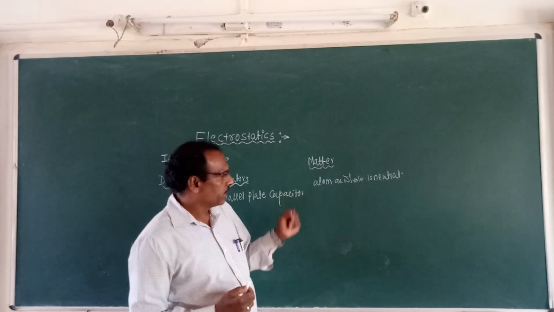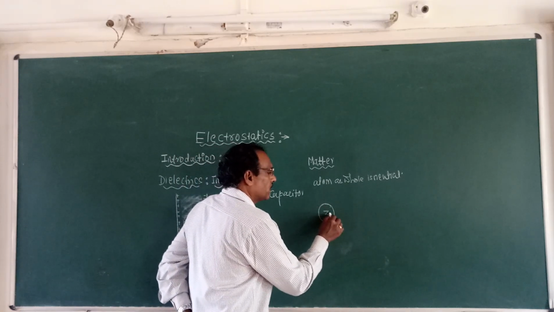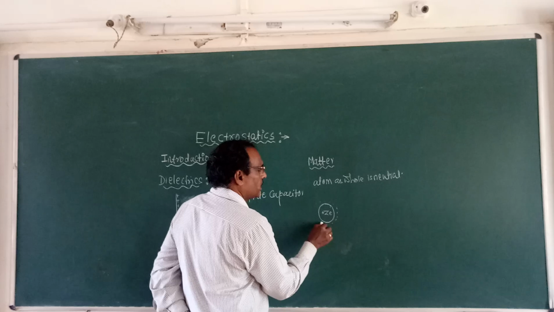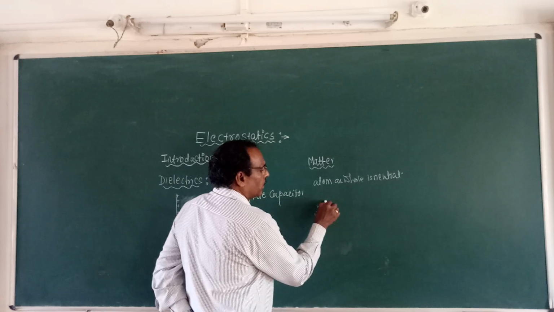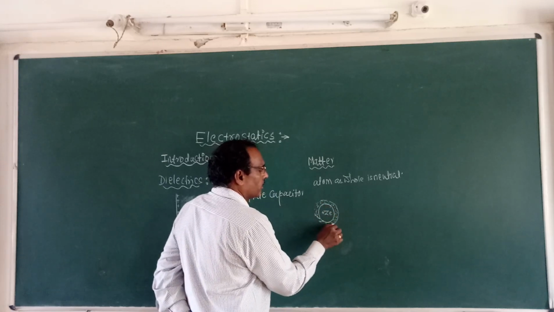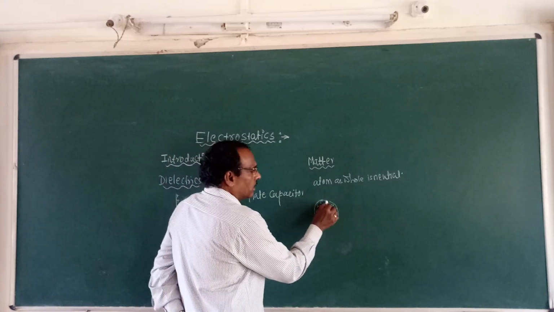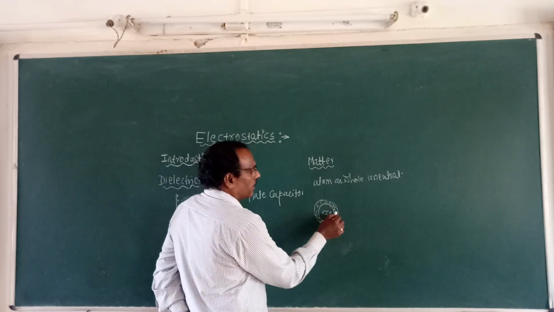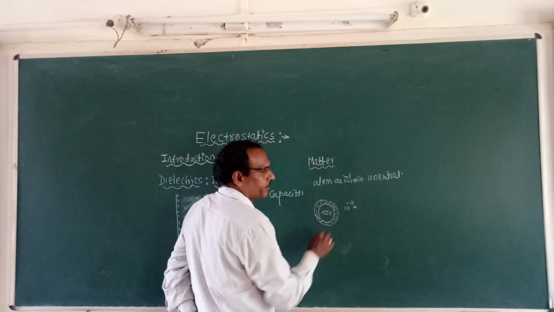The question here is, an atom has a nucleus with a positive charge plus Ze, and very close to it there is a cloud-like situation, where electrons revolve in circular-like orbits. We call this a cloud. These electrons revolving around the nucleus have a radius in the order of 10 raised to minus 10 meter.